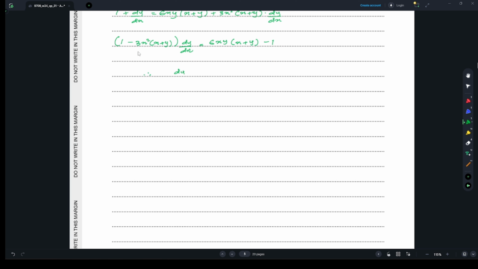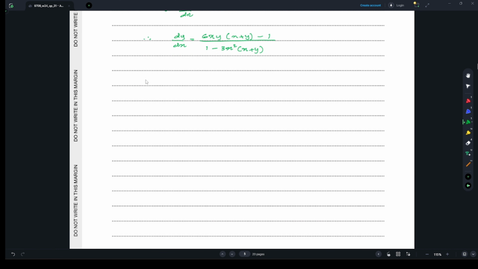Therefore, we can write dy/dx equals (6xy(x + y) − 1) divided by (1 − 3x²(x + y)).